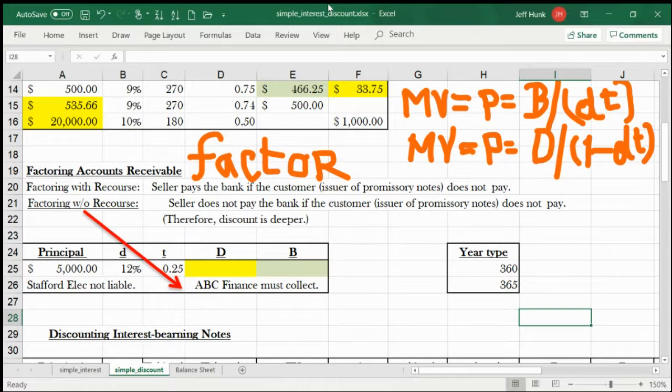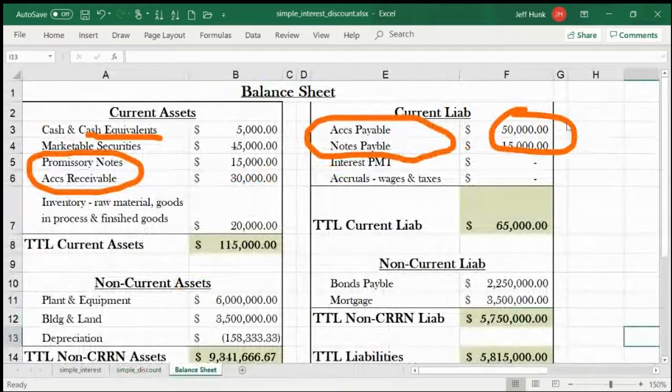But there's a slight difference. Remember, promissory notes and accounts receivable are usually listed as separate line items in the balance sheet, in the current assets section.